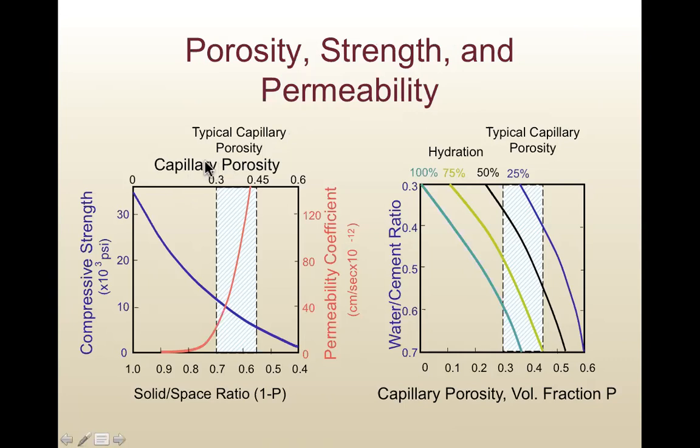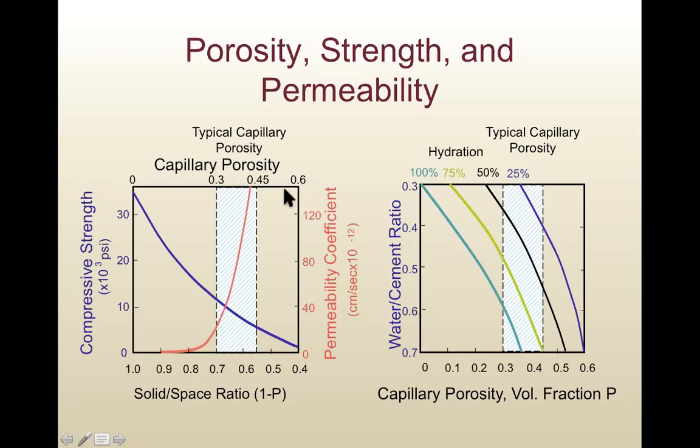Here shows the capillary porosity. The solid to space ratio is equal to 1 minus P, where P is the porosity. The blue line is the strength. The red line is the permeability coefficient. When we increase the porosity, the strength goes down, from 30 to below 10.